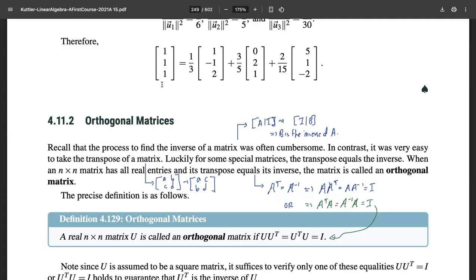The first paragraph just motivates why orthogonal matrices are useful. If a matrix is orthogonal, it's really easy to calculate its inverse. If A is an orthogonal matrix, the transpose of A is equal to its inverse.